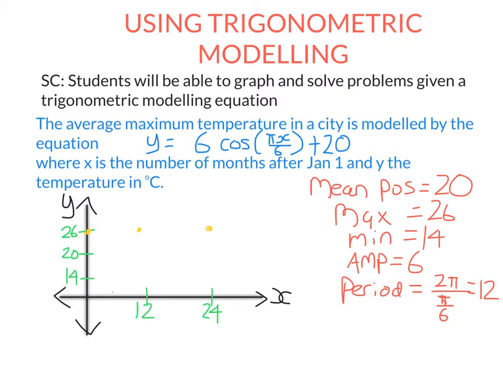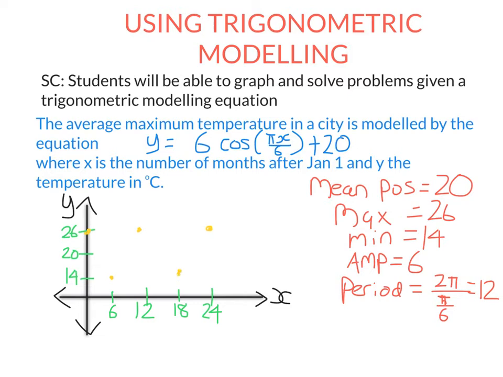So the first minimum will occur at x equals 6, and we'll put it down there. The period of 12 is not only the distance between maximums, it's also the distance between minimums. So the next minimum will occur at x equals 18.